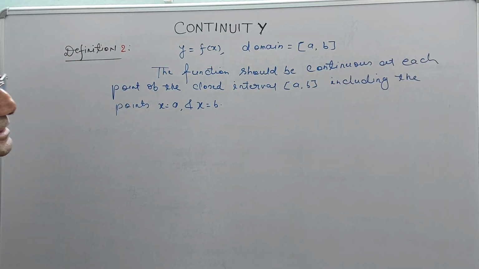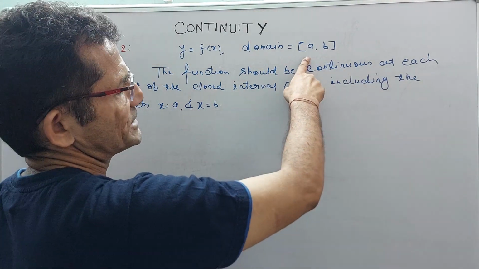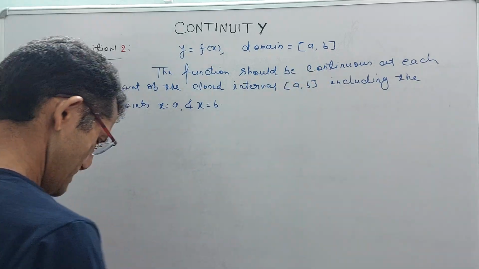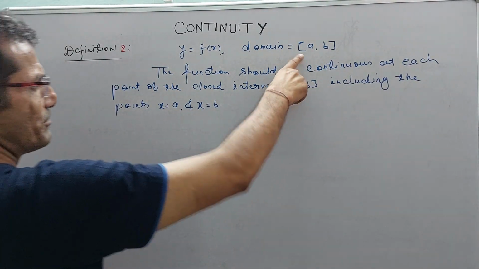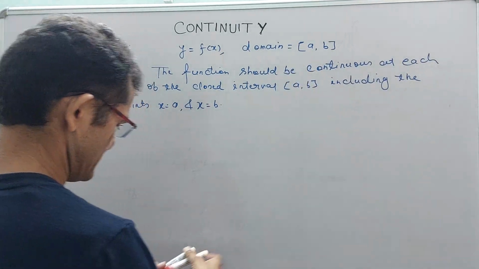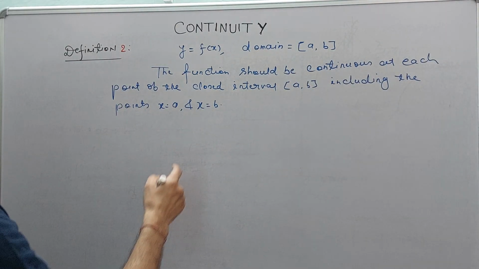The problem is how to find the continuity at a and b. Since at the point a, there should not be a left hand limit. Here there will be no left hand limit, only the right hand limit at a.